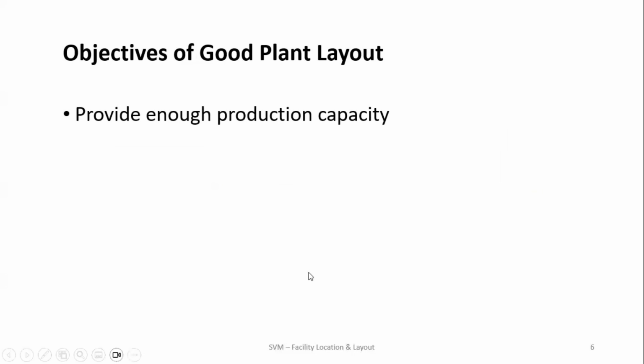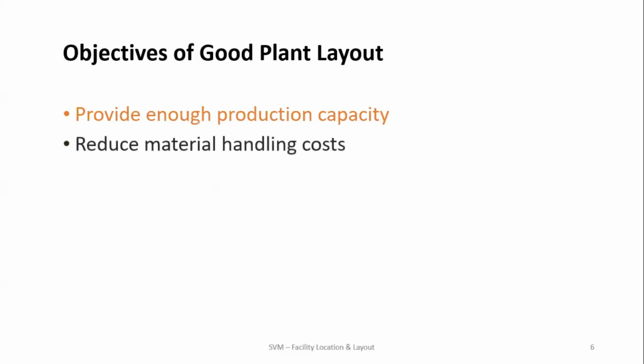What are the objectives of a good plant layout? The layout should provide enough production capacity so that you don't have any excess space available, and it should not be congested either.